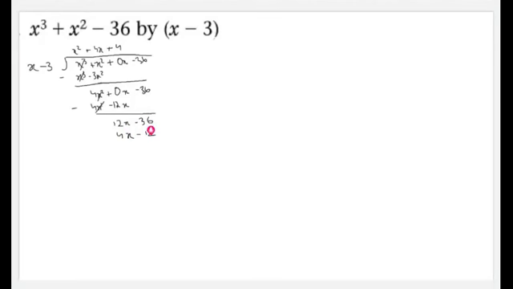Wait, you see here how you got 12x minus 36? When you do x into 12x, it's 12, as opposed to 4.